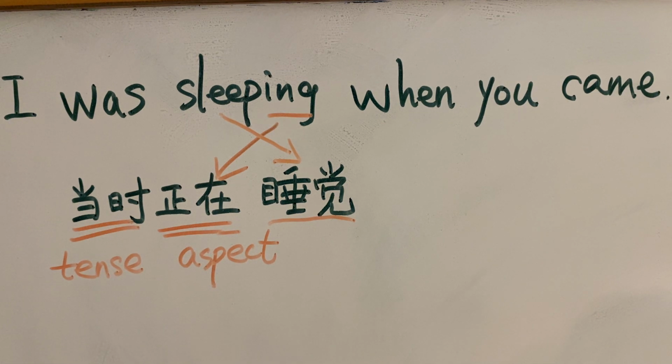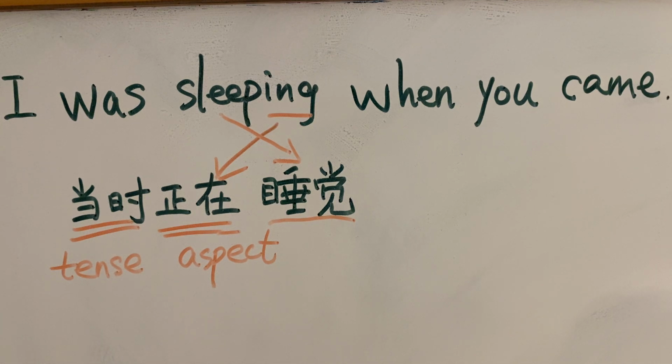As we said before, in Chinese, verbs or verb phrases don't change in a sentence. They look the same whenever you put them in a sentence.